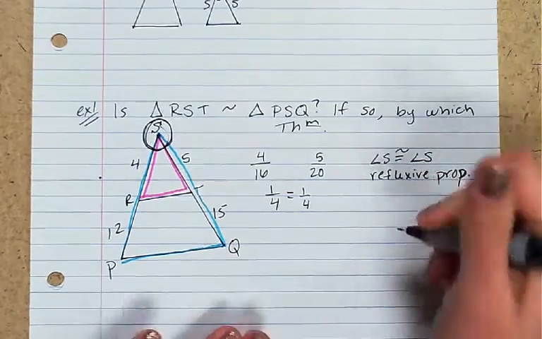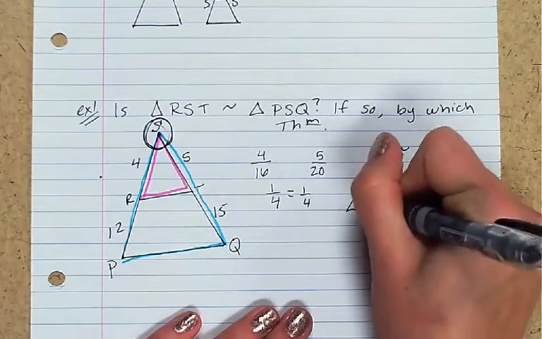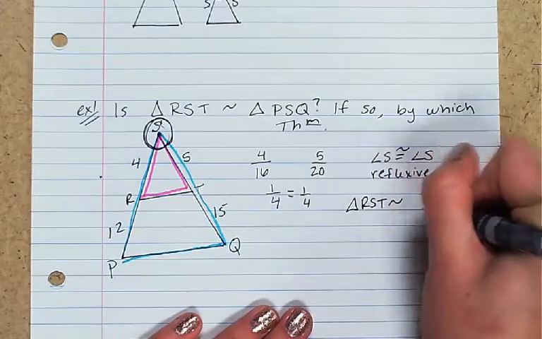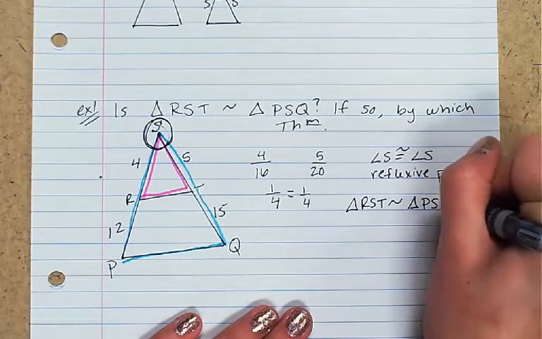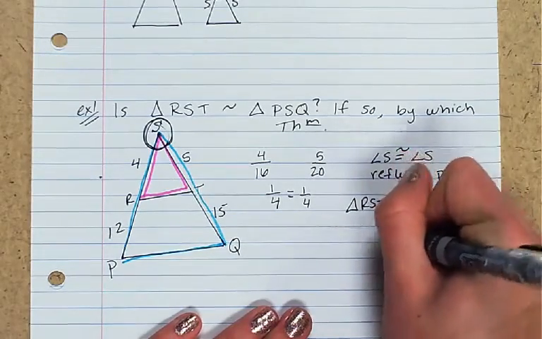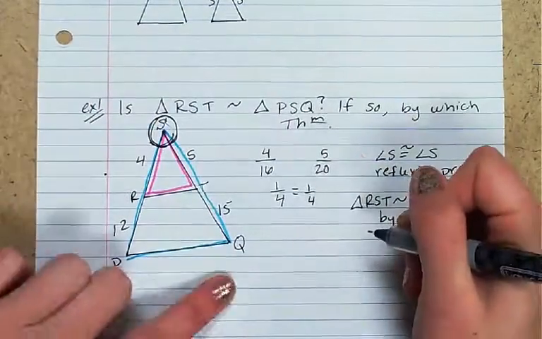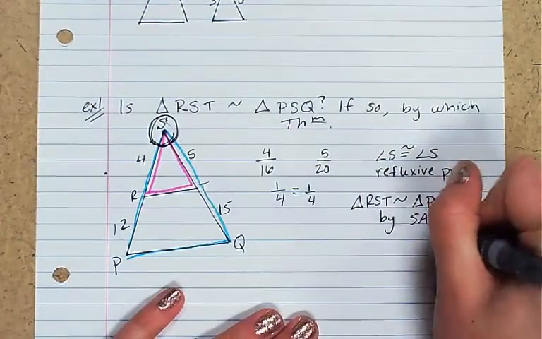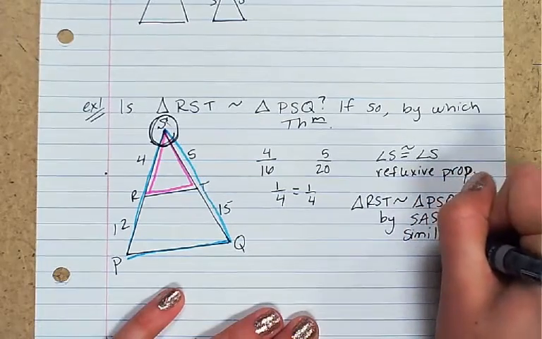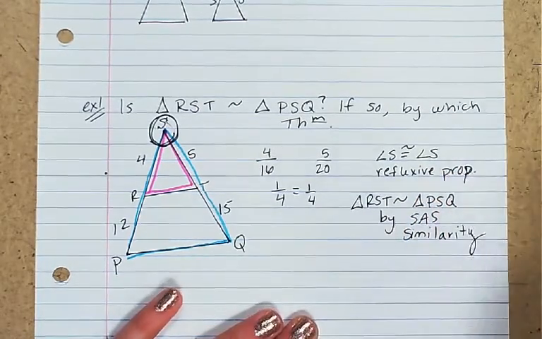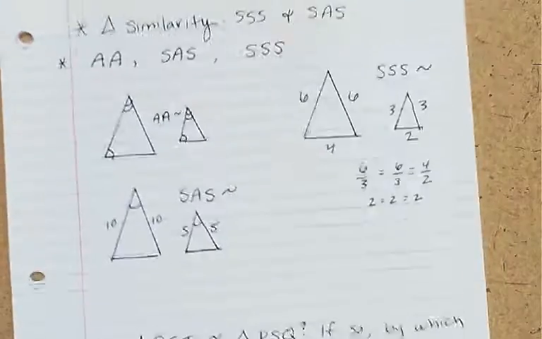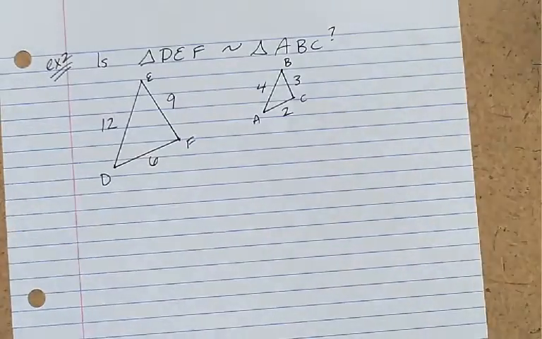So therefore, triangle RST has to be similar to triangle PSQ by SAS similarity.